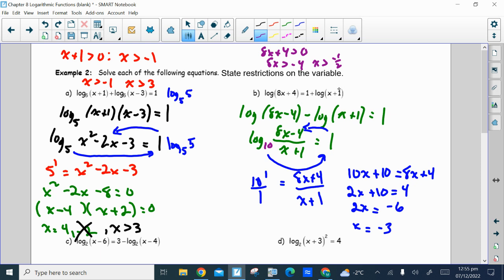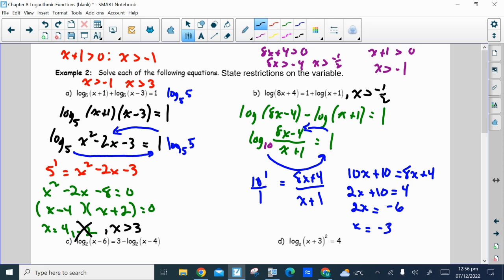And then for the second part, x plus 1 must be greater than 0. So x would have to be greater than negative 1. So the statement that satisfies both of those would be that x is greater than negative a half. That's the restriction. And that's another reason why negative 3 won't work.